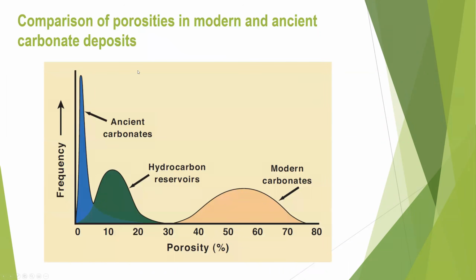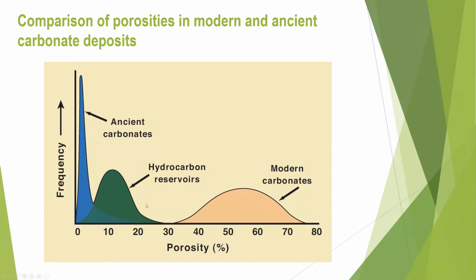If you look at this graph, it shows that most modern carbonates, for example chalk or reservoir rock, have between 30 to 75% porosity.